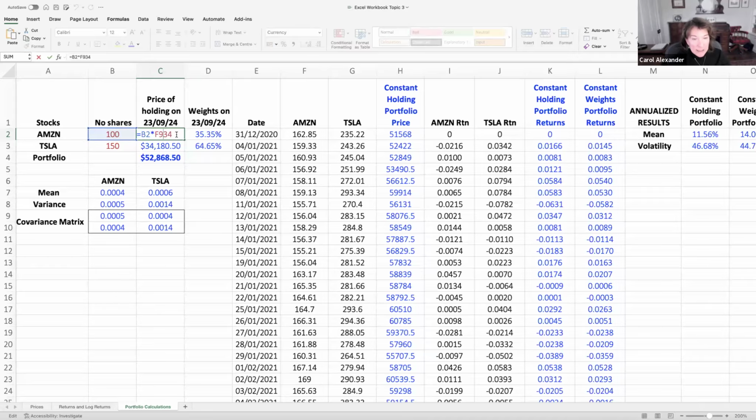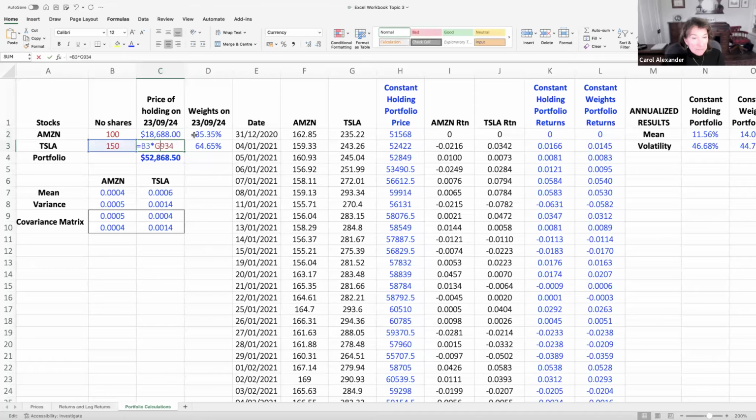If we scroll all the way down to row 934, we'll see the price of Amazon in cell F934. So the price of the holding on this date, which is the 23rd of September 2024, times the number of shares is the amount invested in Amazon.